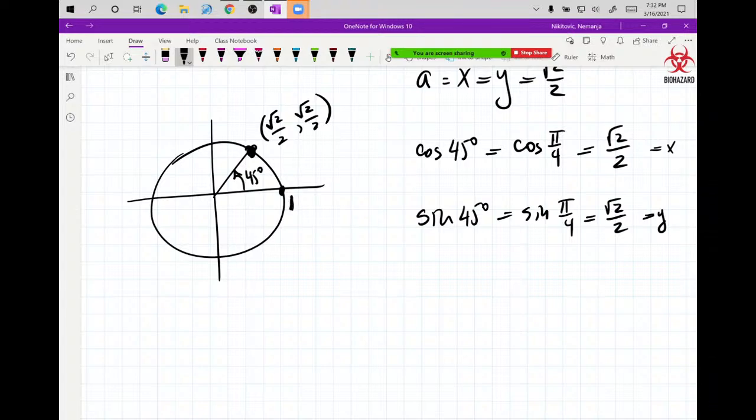So if we know that this is 1 all the way out to the x, because it's a unit circle, so the radius has to be 1, when you drop this, it is at about 0.7, not exactly 0.7. And then your y coordinate is also about 0.7 for that point. That's root 2 over 2 and root 2 over 2 for both x and y. So now we can also find the location using the angle and the trig functions. We can find the x and y position on the circumference of the circle.